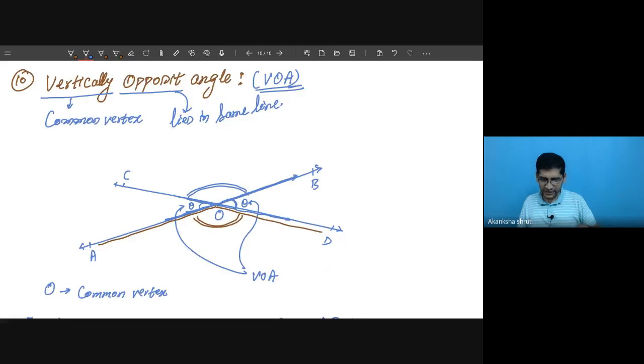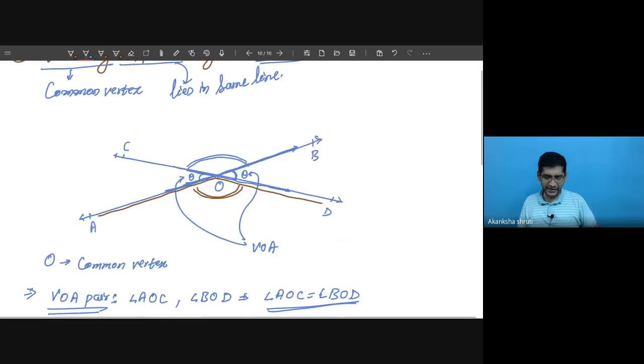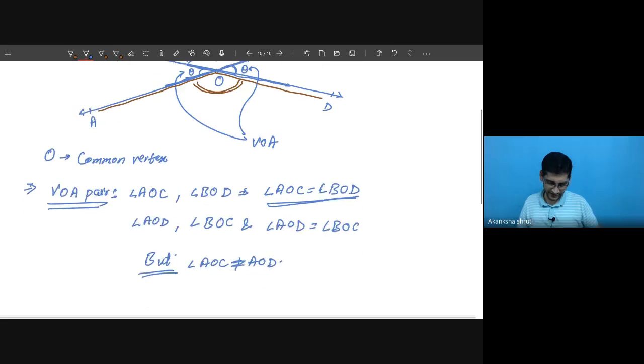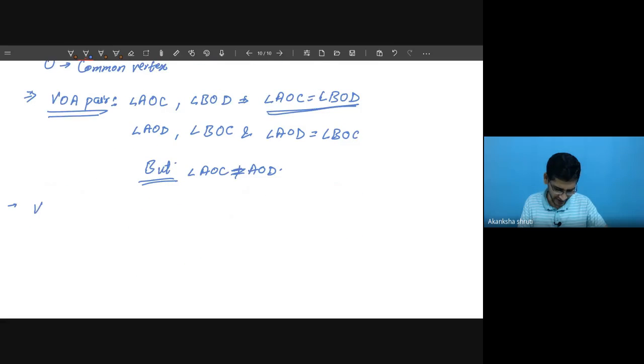So vertically opposite angles means angles lying between the same straight lines but in the opposite direction of the common vertex. Right? What is this vertically opposite angle?